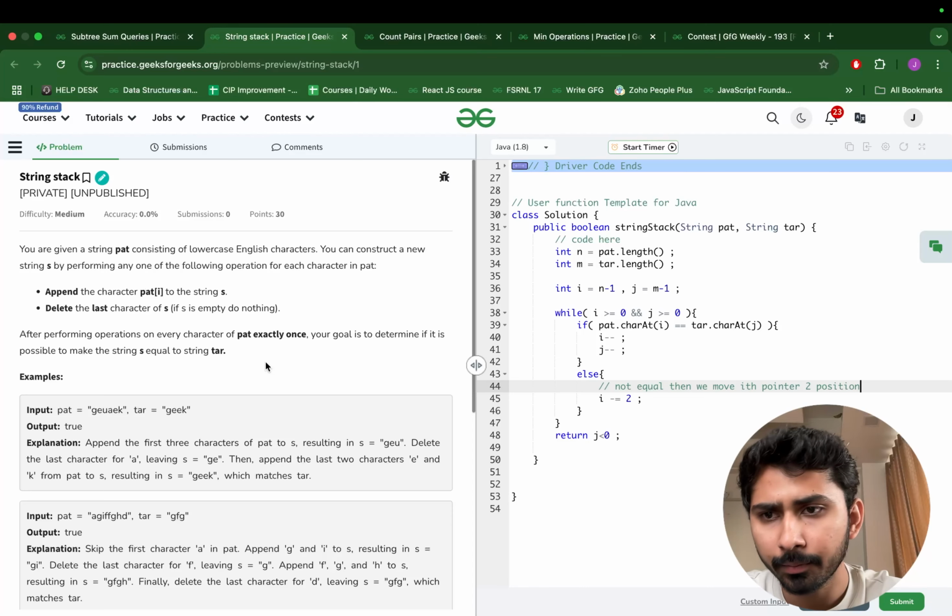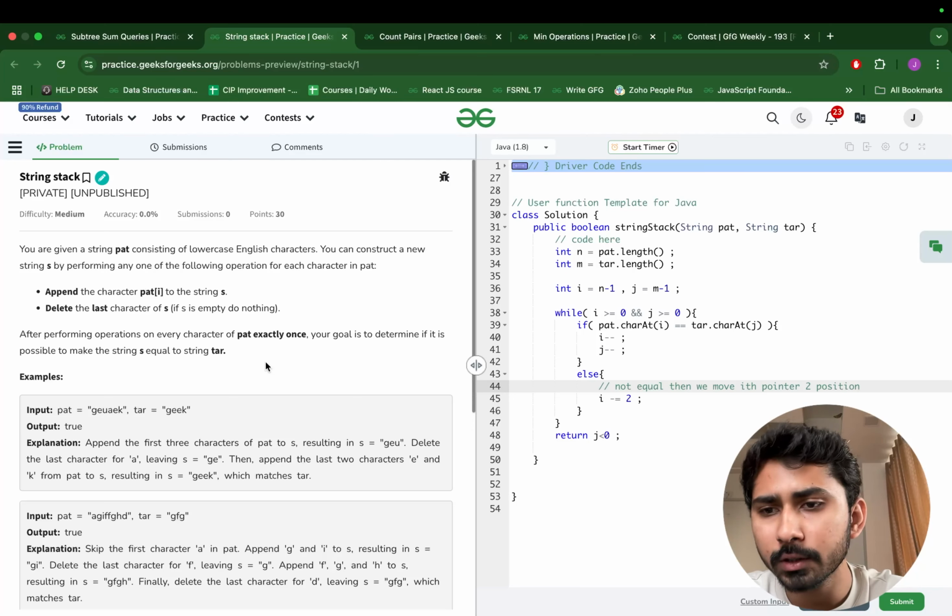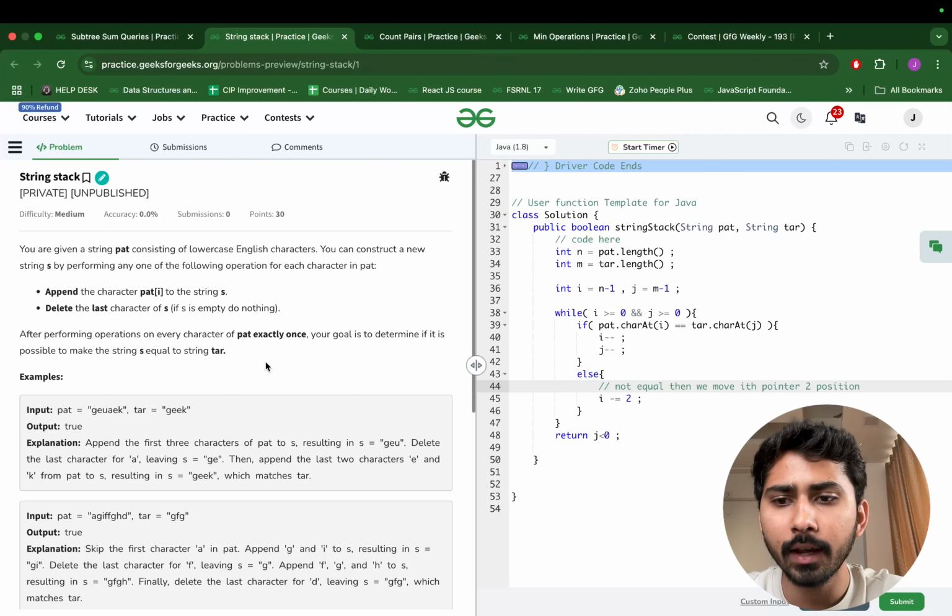We can select the ith character and append it to the string s, or delete the last character of s. If s is empty, do nothing. After performing operations on every character of pet exactly once, your goal is to determine if it is possible to make the string s equal to the string tar or not.